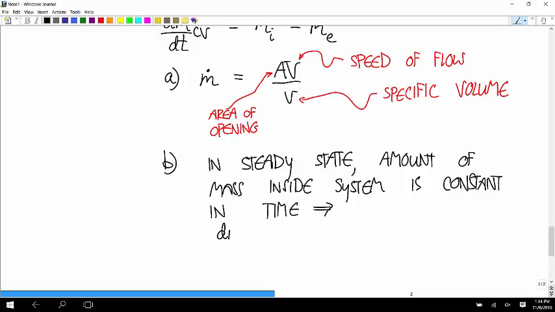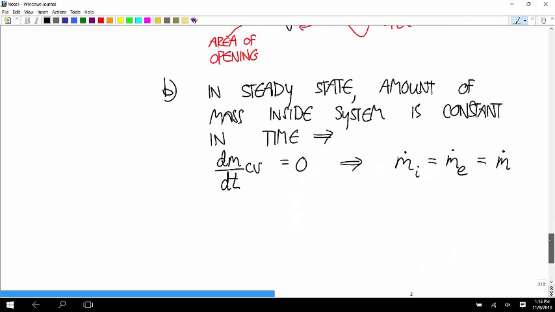And therefore, dm dt is equal to 0, which means that the mass flow rate in is equal to the mass flow rate out. And this is the reason that when we use steady state in the first law of thermodynamics for control volumes, we can make that assumption, because this is what's required for the mass in the system if you're in steady state.